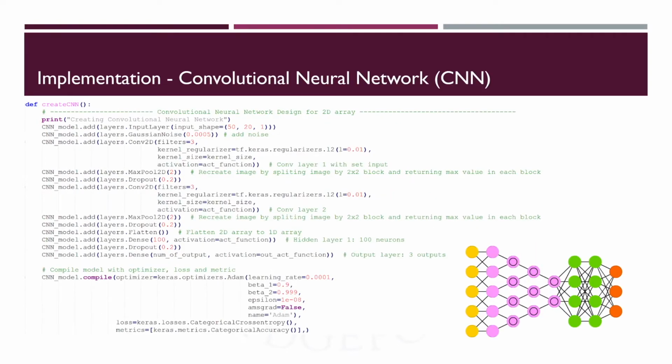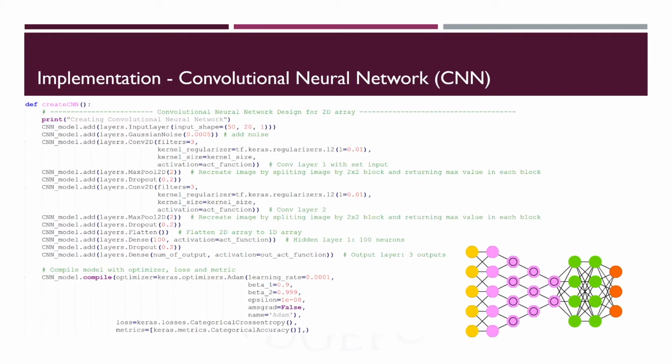For the convolutional neural network, we basically try to keep it similar to our simple neural network. For our input layer, we used an input shape of 50 by 20, which matches the same number of inputs as the normal neural network. We have also a Gaussian noise layer for the purpose of mitigating overfitting, and we have two convolutional layers.